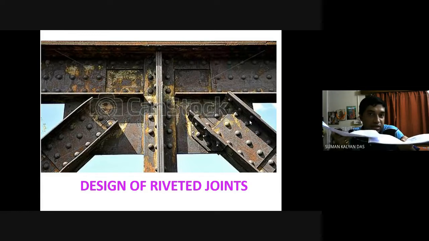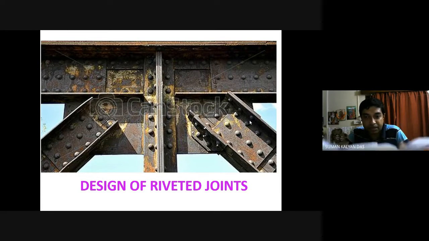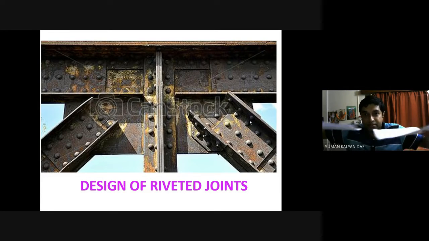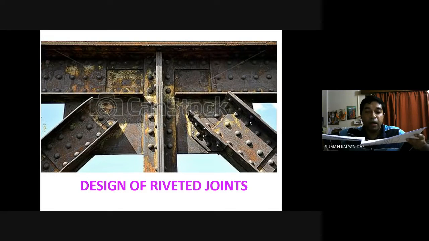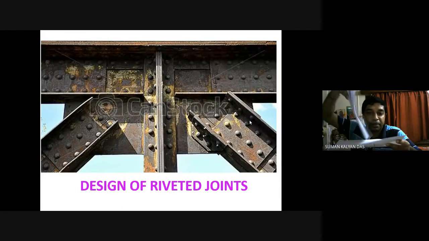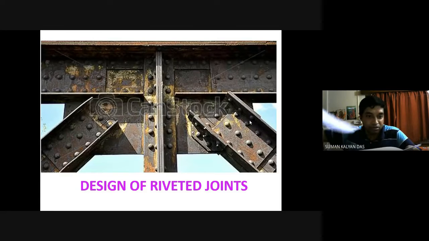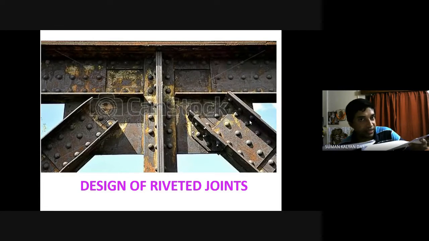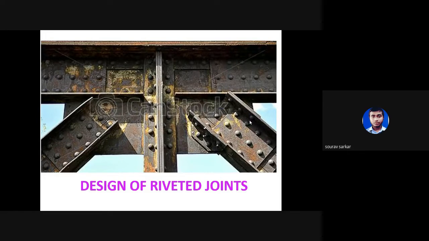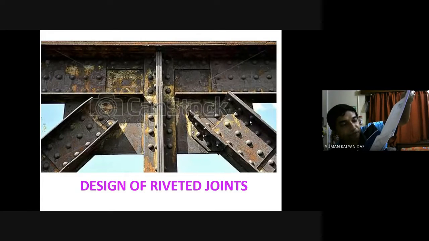Suppose I pull these 2 plates apart, subjecting them to tensile loading. Obviously the most chances of failure will be through that joint rather than one of the plates failing from the mid or somewhere else. Everybody agrees, right? Yes, sir. Because the weakest point is the point where it is joined.